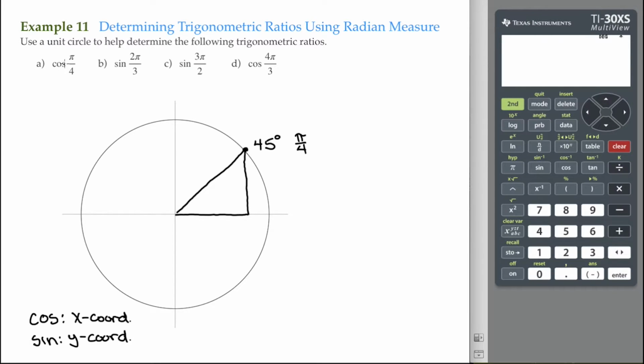Since it's cosine, I'm concerned with the x-coordinate here, and that's, of course, the horizontal length here. Remembering the pattern of our 45, 45 special right triangle, this is the square root of 2 over 2. So the cosine of pi over 4 is the square root of 2 over 2.